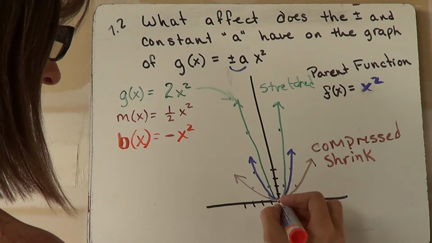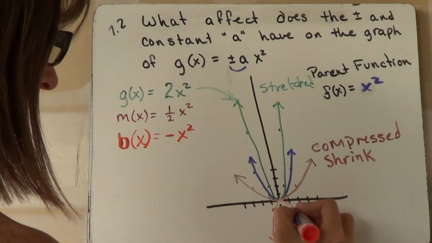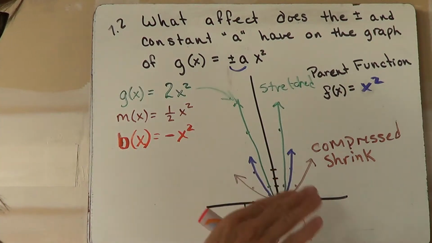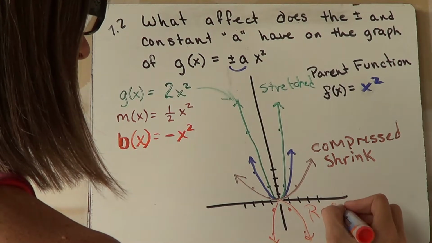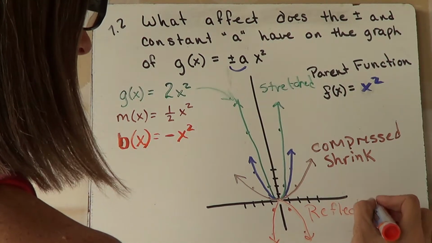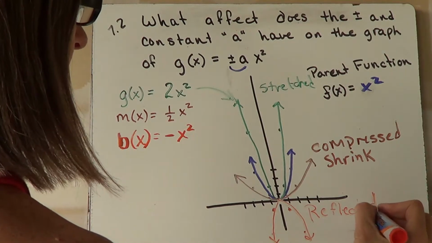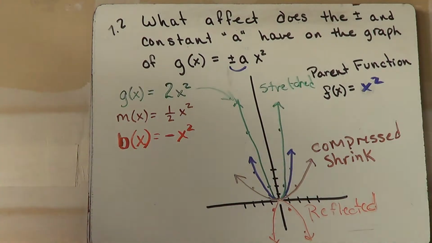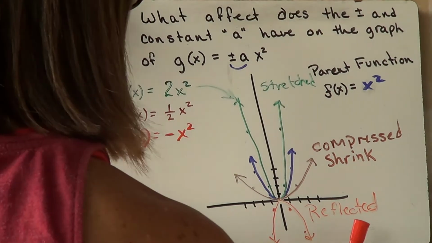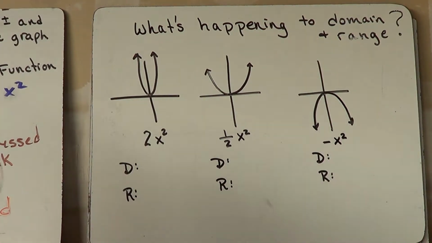So what this has done is it's taken the blue parent function and just flipped it straight over the x-axis. This is called reflected. You can write it R-E-F-L-E-C-T-E-D. Reflected.